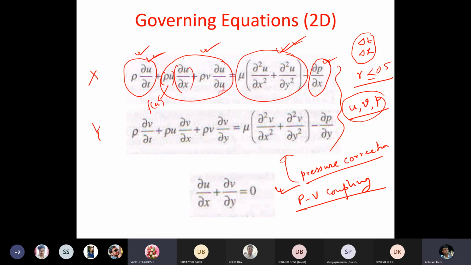In both these cases, you cannot see the body force term. Body force means ideally you should have a rho g, right? Rho g means gravitational force or any other force term that should be there. But conventionally, the pressure that we are writing here can incorporate this gravity or extra force term.